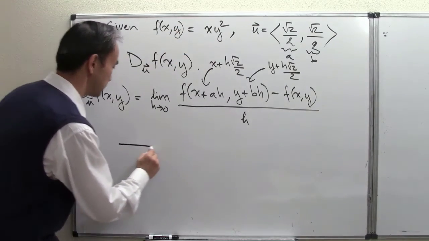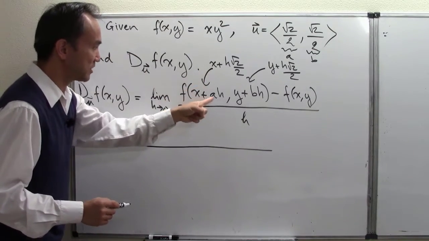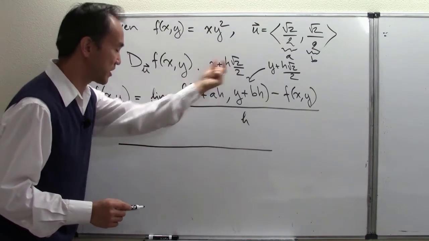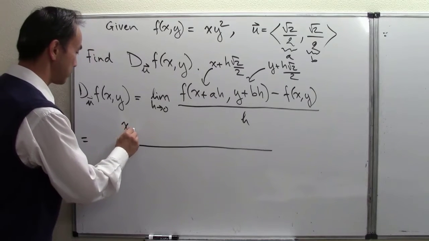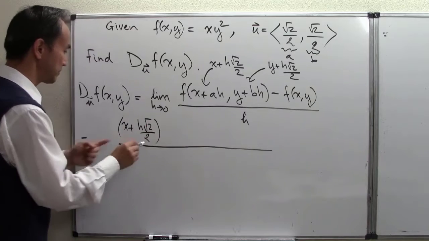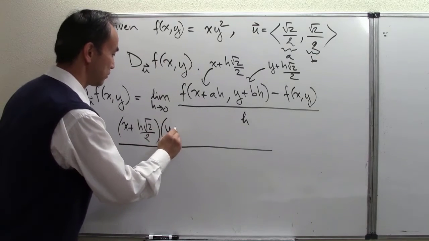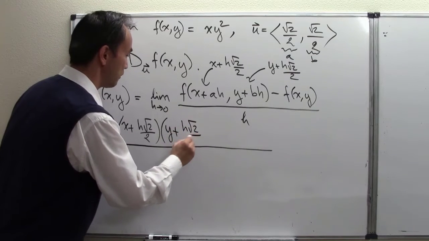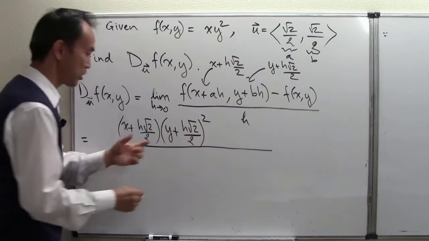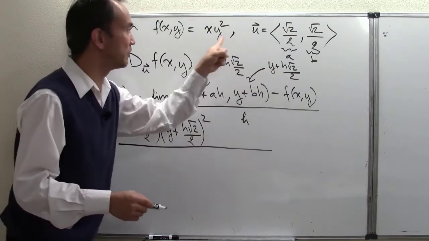We're going to produce a fraction. I'm looking at x plus h times square root 2 over 2, substituted in for x, and then y plus h square root 2 over 2, all squared, substituted in for y.